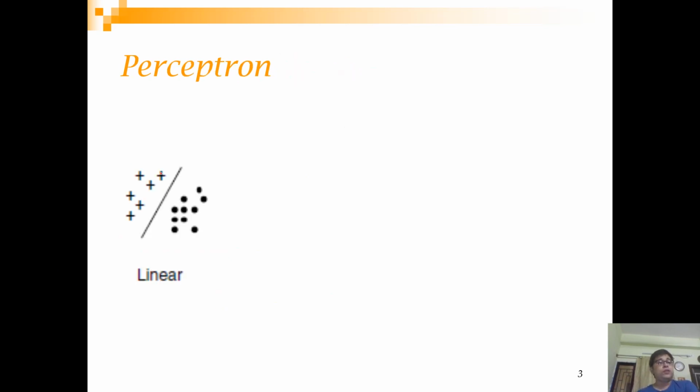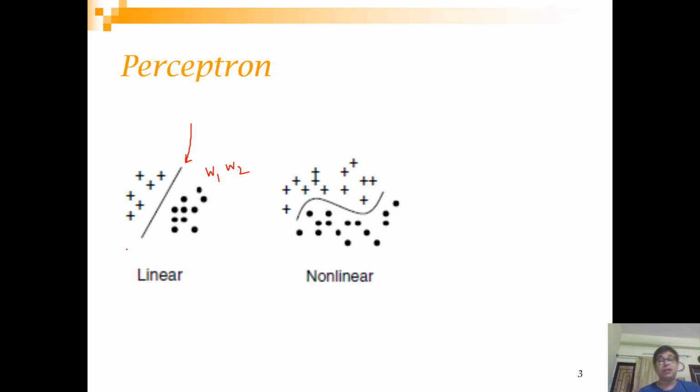If the perceptron is given a problem like this, where there are two classes and you can draw a straight line and separate them, the perceptron can find such a decision boundary. If they are linearly separable, this is a straight line and the straight line may be represented by W1 and W2. Step by step, the perceptron can find the values of W1 and W2 through the perceptron learning algorithm. However, what happens if the decision boundary is not linear, something like this?